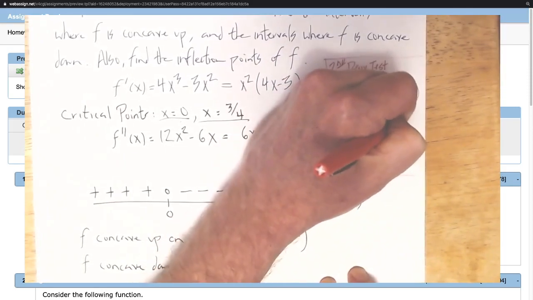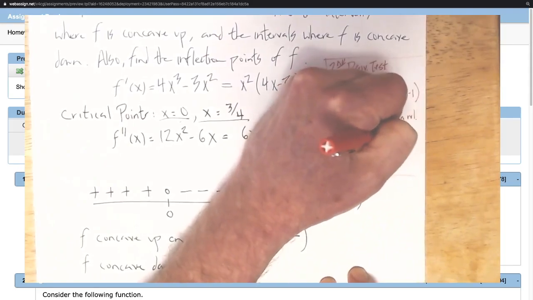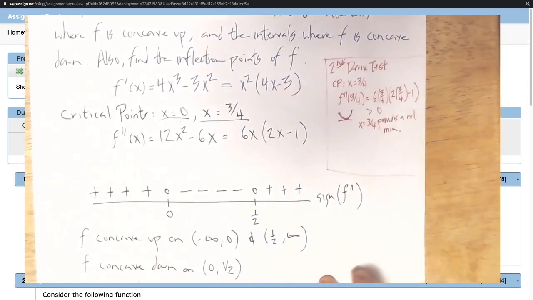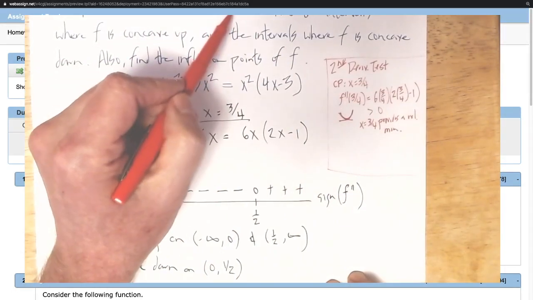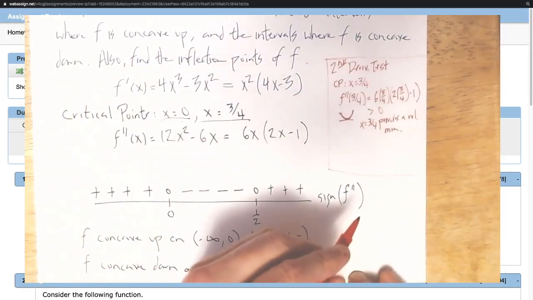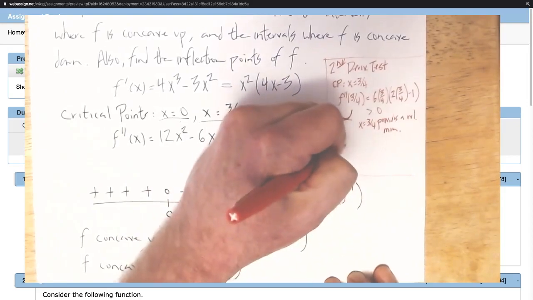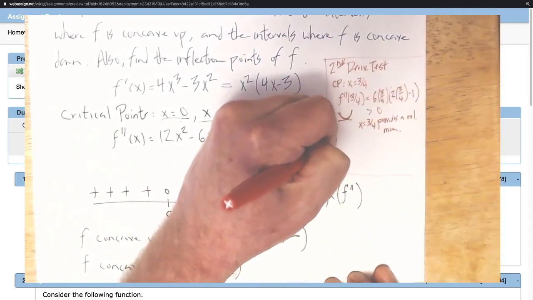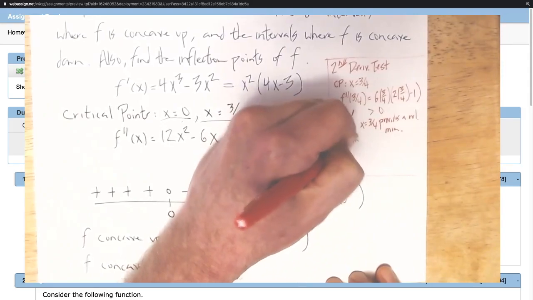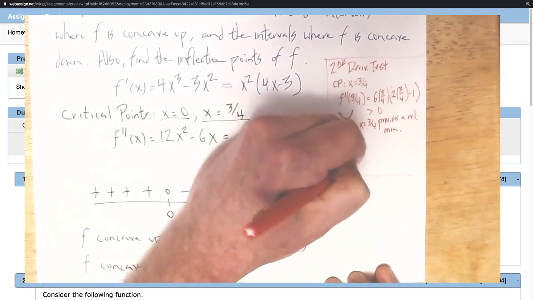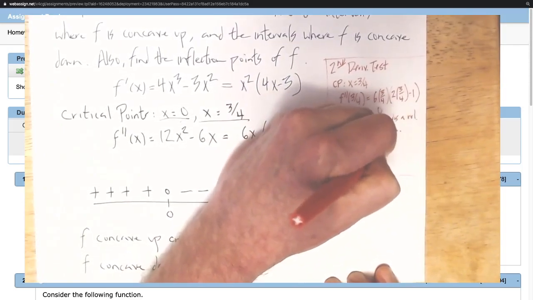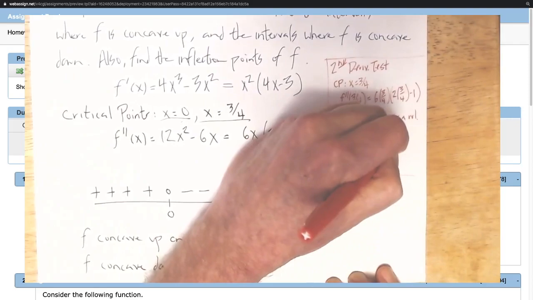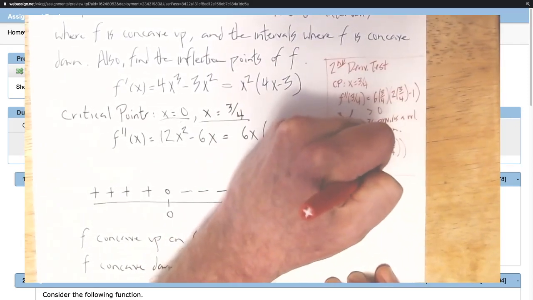provides a relative min. In WebAssign, they'll want you to give the y value too, and remember, you're going to plug this x value all the way back into f. WebAssign would ask for the relative min in the form x comma y, 3/4 comma, and then you'd plug that 3/4 back into f to get that point.